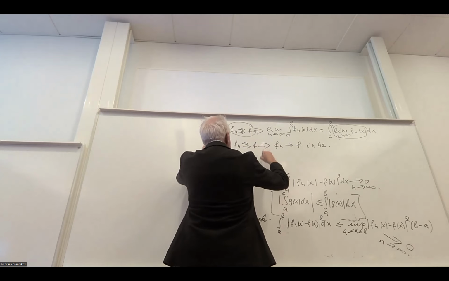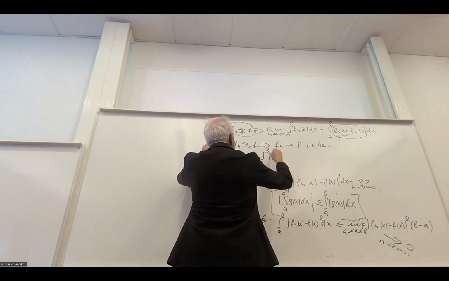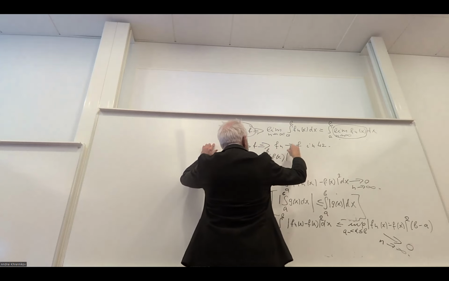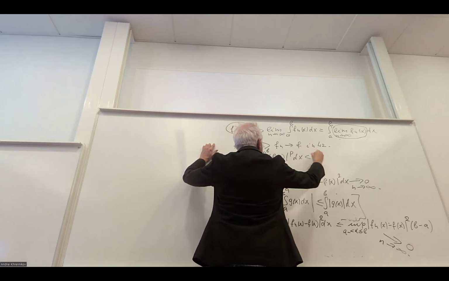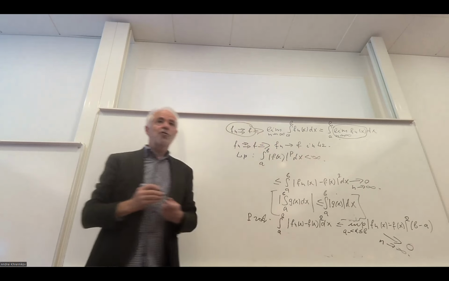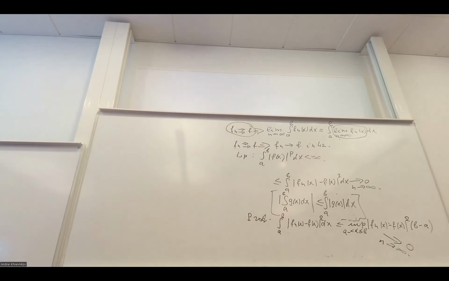These are functions such that the integral from a to b of |f(x)|^p dx is less than infinity. So we have convergence in any of these L^p spaces. Uniform convergence is convergence in any of these L^p spaces.